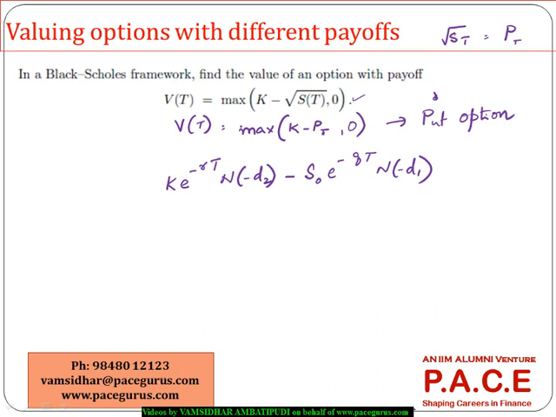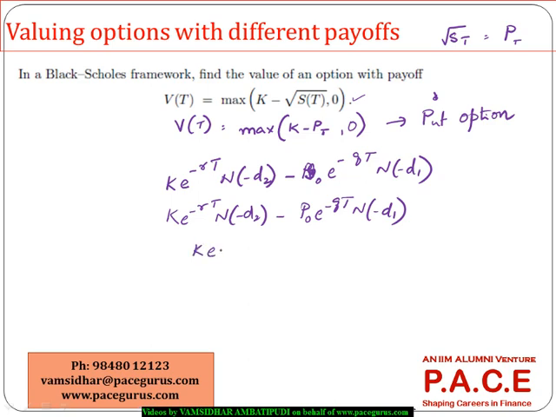So going with that framework, here instead of S0, I will call it P0. So the value of this put option will come out as K e^(-rT) N(-d2) minus P0 e^(-qT) N(-d1). Now P0 is nothing but the square root of S0, right?